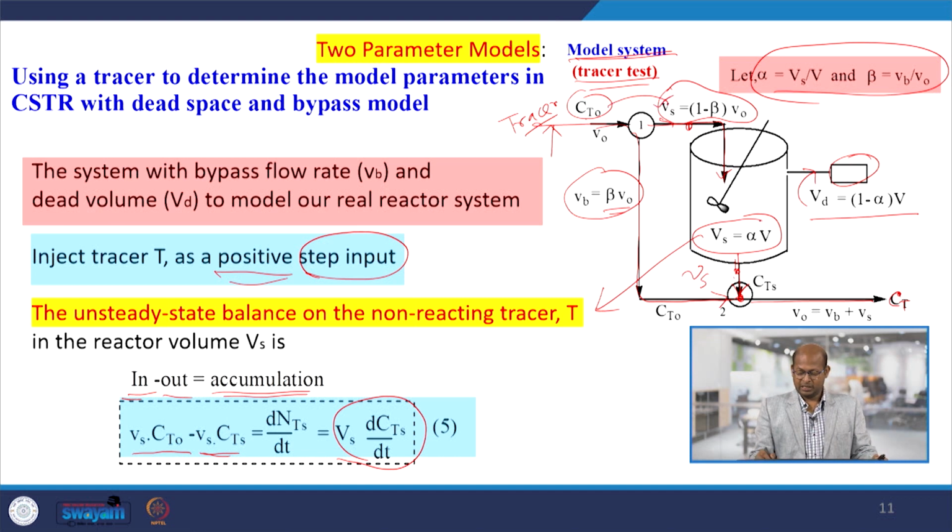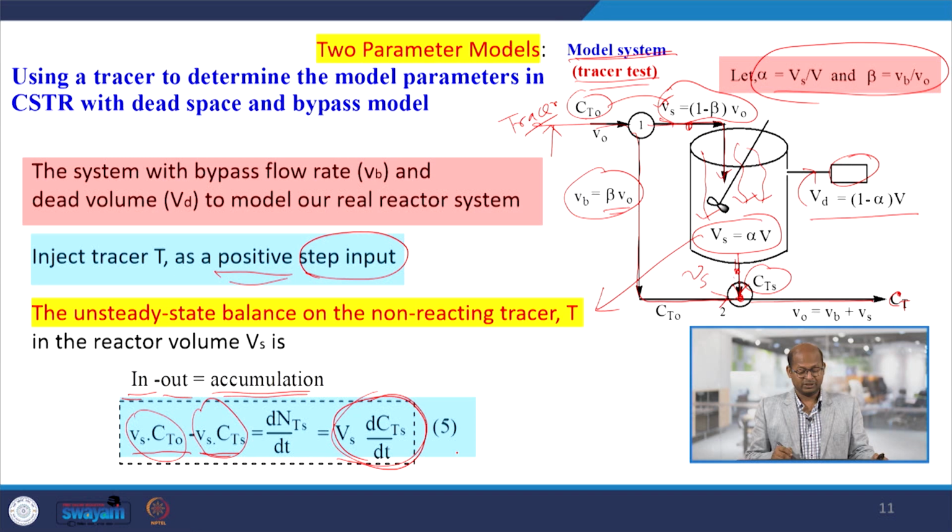Due to the non-ideal nature, there would be some changes, so the tracer concentration would be Cts after passing through the reactor.